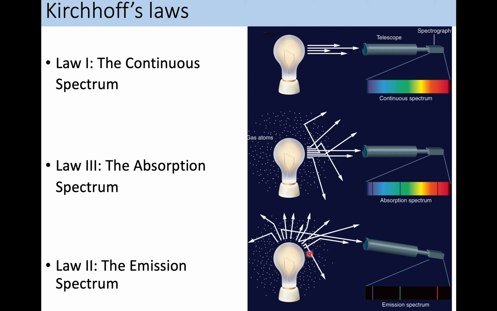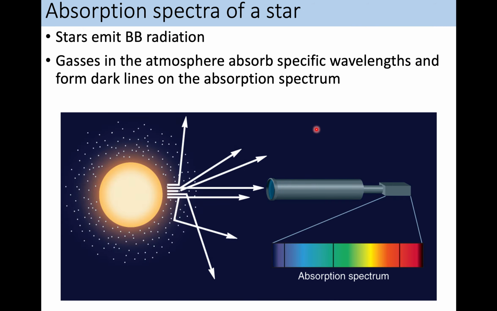So this gas is going to absorb and emit only certain wavelengths. So if we're looking at light passing through that cloud, we're going to see all the other wavelengths that haven't been absorbed by the cloud. So that's the difference between the three there.